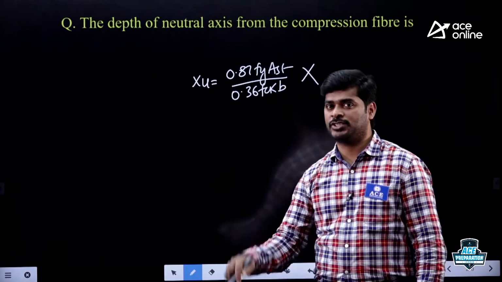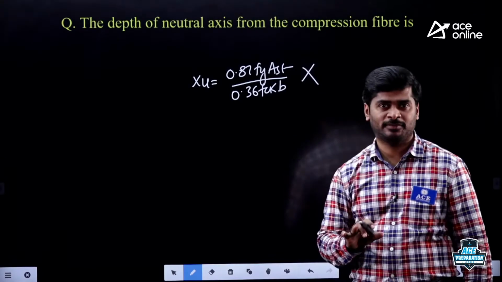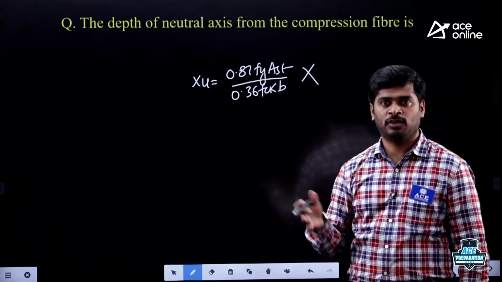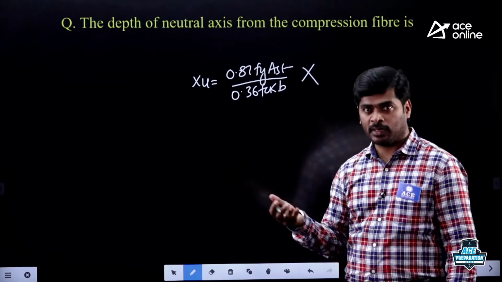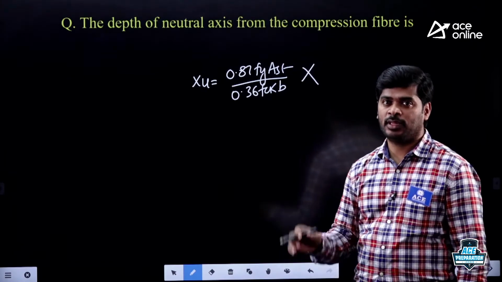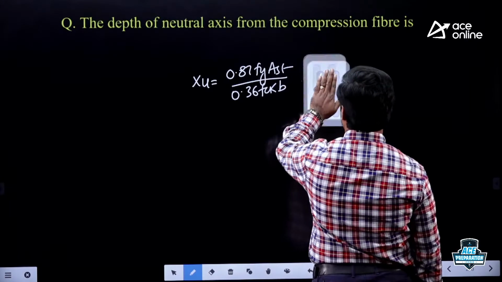Even the shape of the stress diagram also changed in this question. So this formula is not valid, right? If you don't have clarity in concepts, you are going to write this formula directly. Then 100% the answer will go wrong. Then how to solve this question?